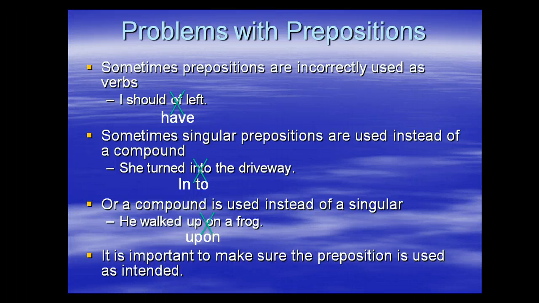So notice it is important to make sure the preposition is used as intended. You don't want to put in a preposition that doesn't make sense with the rest of the sentence, or even maybe some of the ideas before that. Okay, so that is the practice that we're actually going to work on this week, is identifying prepositions and making sure that they are used as intended.